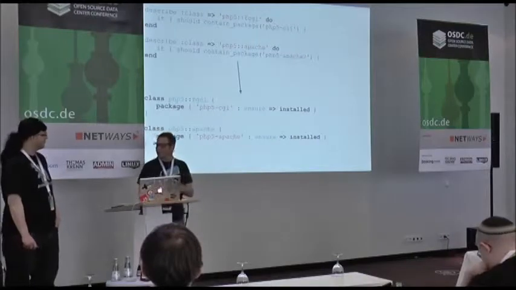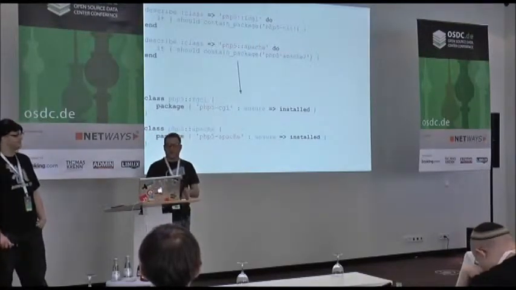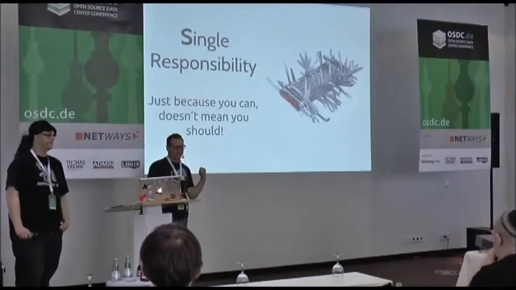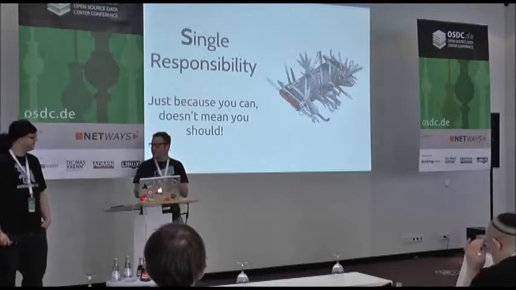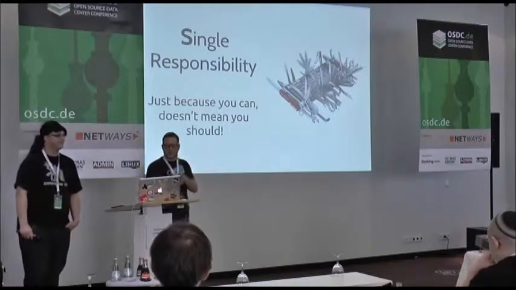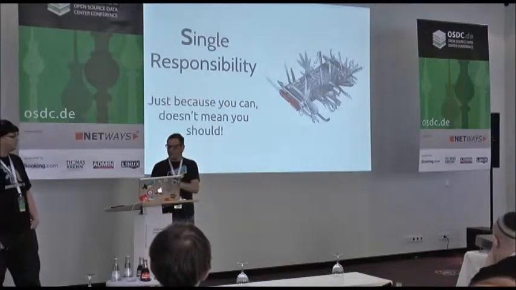Now we have 2 small classes. They do one thing, and this is really cool because this is the next pattern. It's called single responsibility. It's one piece of software, a component or a class or a container, that does just one single thing with one responsibility.